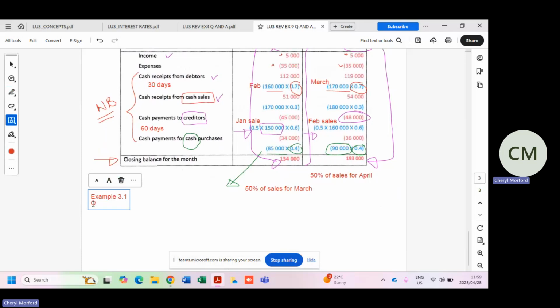You can do question 3.1. And then there's one very comprehensive question right at the very end, and that is question 3.9. So if you do all of this and you listen to the recordings, I'm sure everybody's going to do absolutely splendidly in the questions in your test coming from Learning Unit 3.